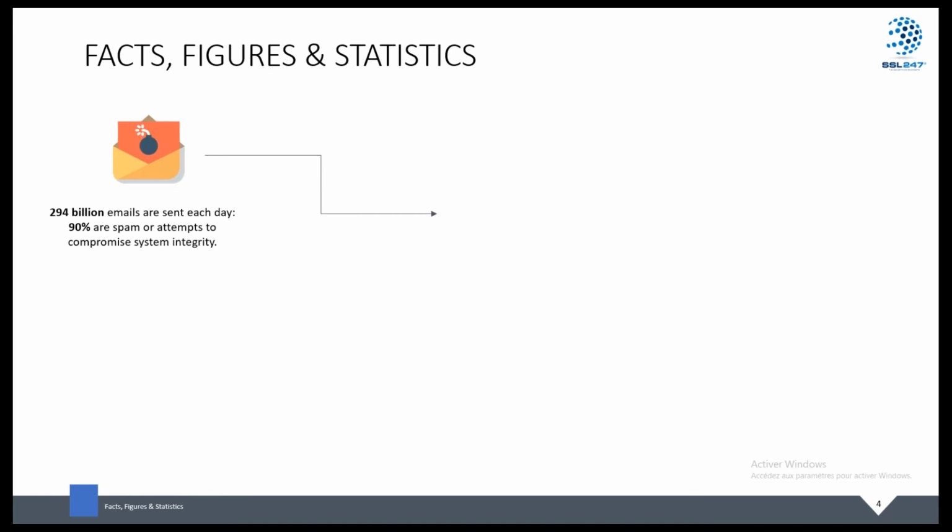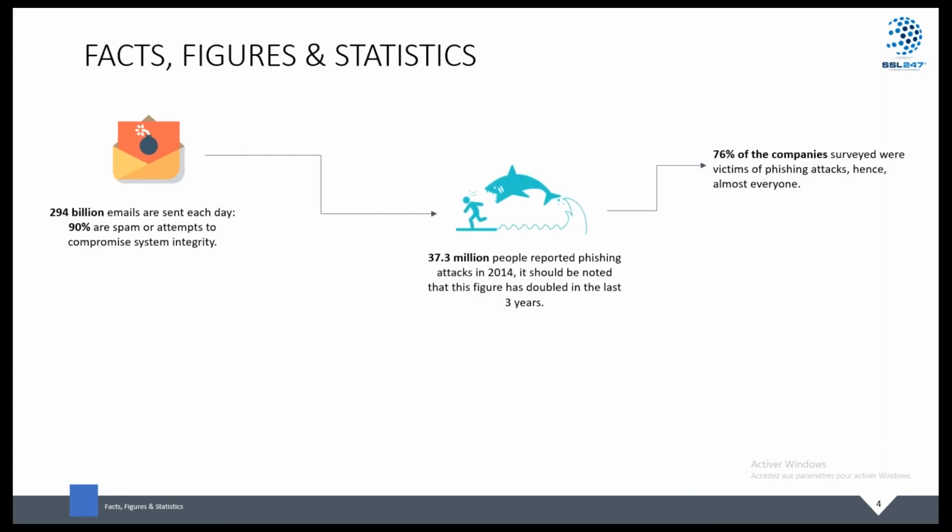So in the world, it's something like 10 times that. Of the 300 billion emails sent a day, 90% are spam or phishing attempts. In 2014, 40 million people reported phishing attacks. It is now around 100 million in 2018.